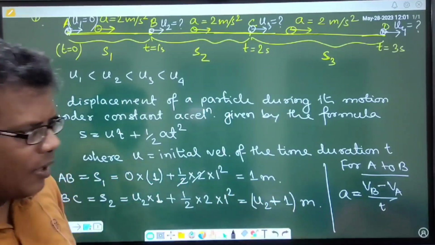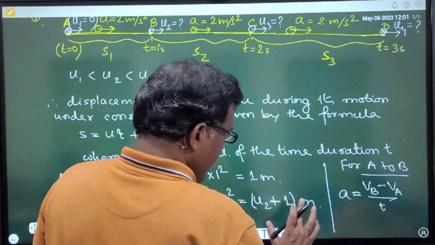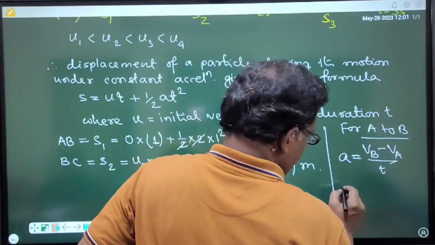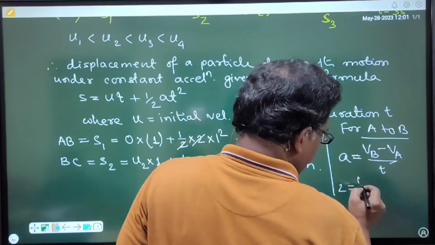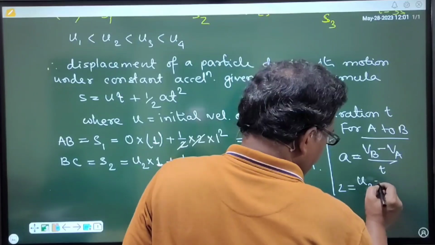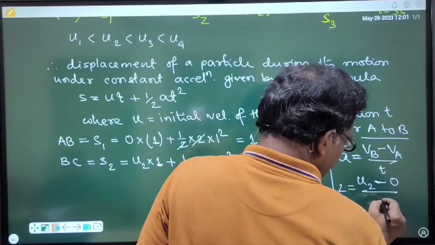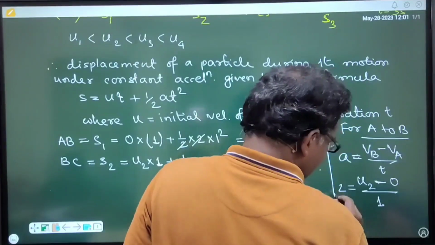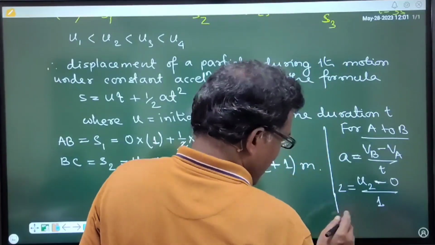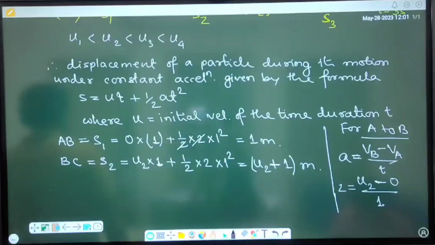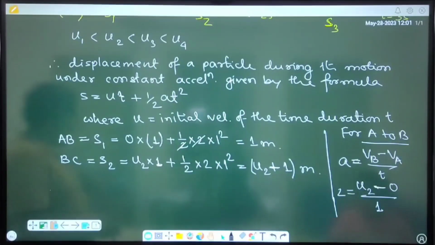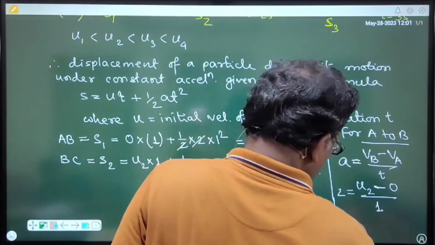Yes or no? So for me, velocity at B I have marked as u2, and velocity at A, which is already given as 0, divided by time, which is 1 second. So can it help me to calculate the value of u2? Yes. The value of u2 is coming 2.